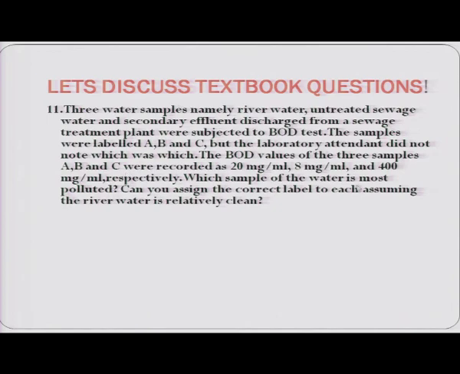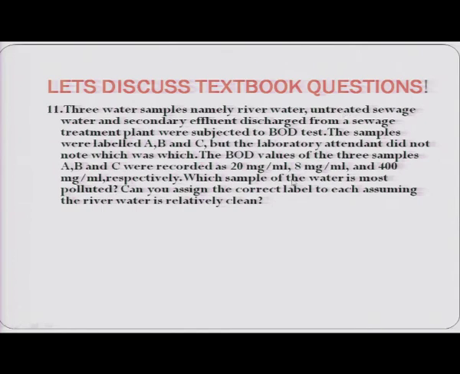Now, which sample of the water is most polluted? Obviously, the more is the BOD, the more polluted will be the water, and we see that the C sample is the most polluted because it requires 400 mg of oxygen to consume the organic matter present in it. So, C can be the most polluted, and among these samples it cannot be river water, it cannot be secondary effluent because in secondary effluent we have treated it, it can be the untreated sewage water.